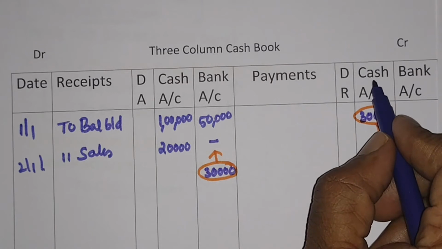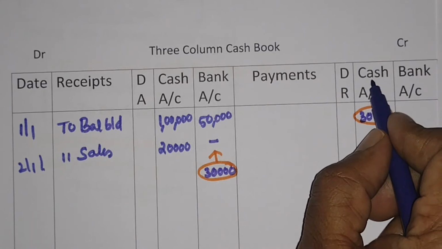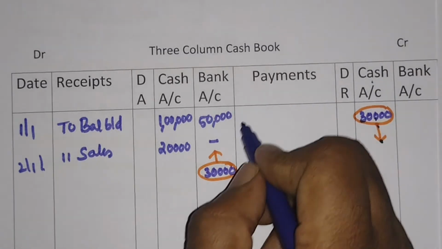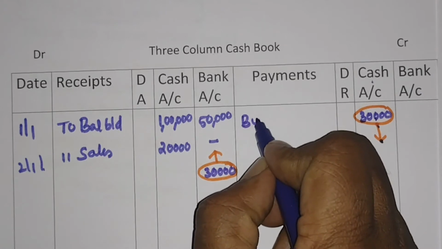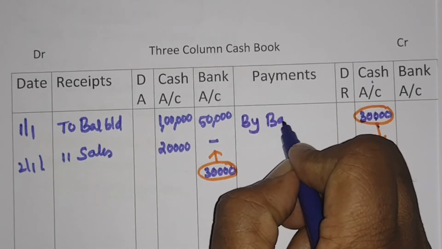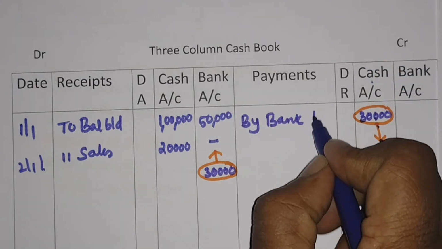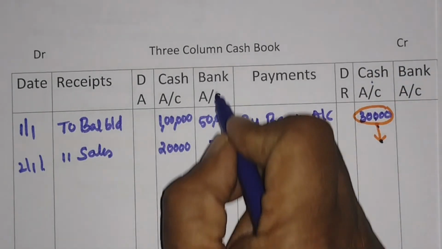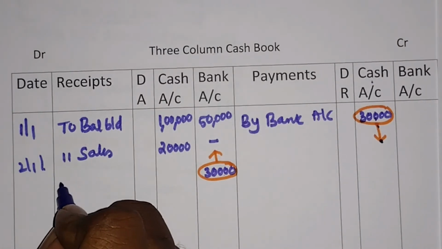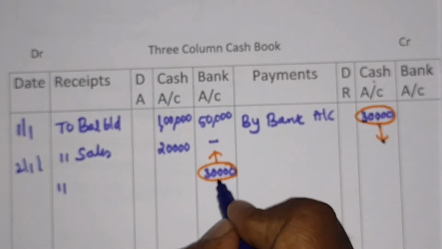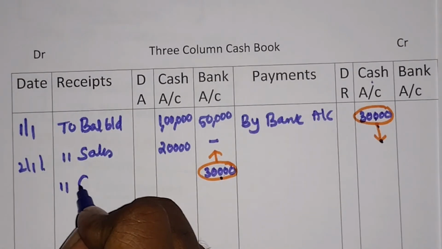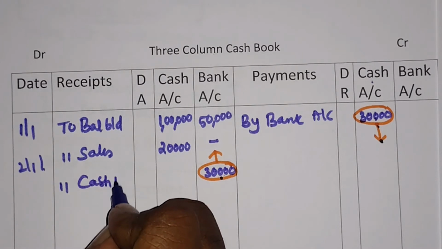Now see, this is the concept you should remember. When I write in the cash column, you should write it as the bank account, because the cash is going out to the bank. Coming to the bank account, when I write the amount in the bank column, I should write here it is the cash account.